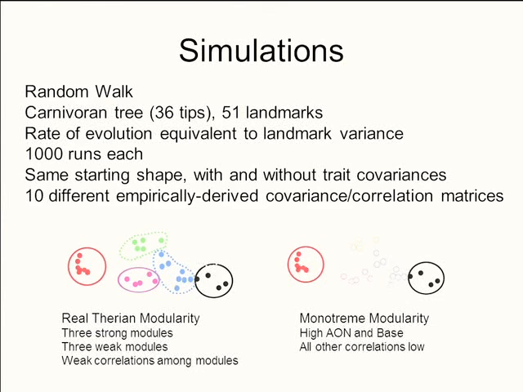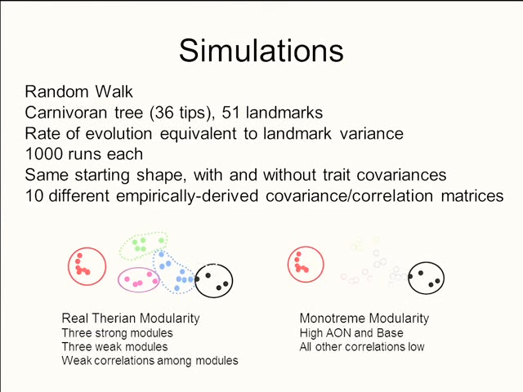Okay, so for that first part, we basically come up with a relatively simple simulation. It's a random walk model using a carnivoran tree with 36 tips in this example. It's 51 3D landmarks. And we've constrained the rates of evolution for each of the landmarks to the landmark variance from our actual data set. We rerun this 1,000 times, starting with the same shape.